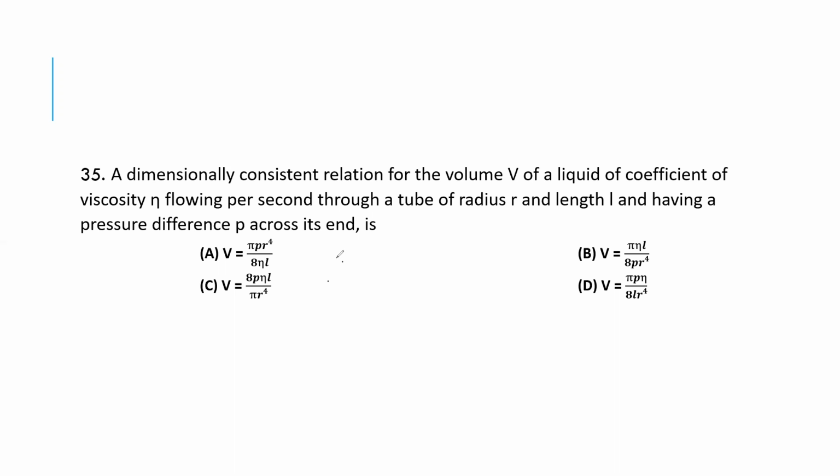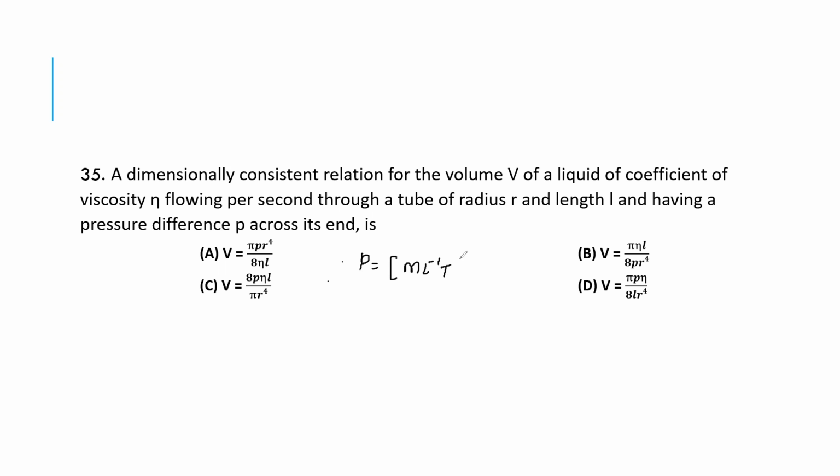That is, we have a dimensional consistency relation for the volume V of a liquid of coefficient of viscosity eta, which is flowing per second through a tube of radius r and its length is L, which is having a pressure difference of P.